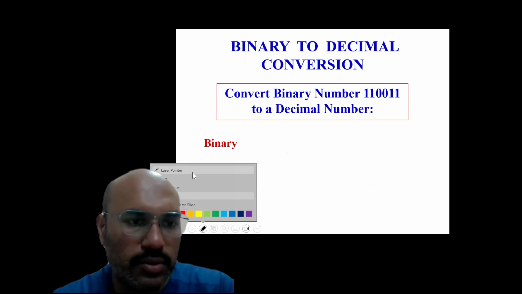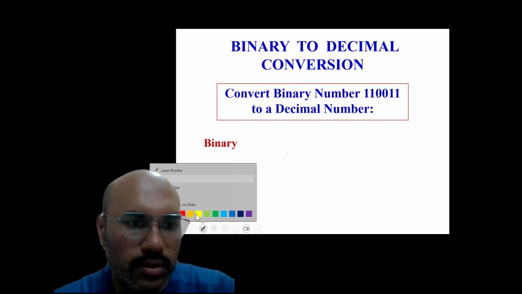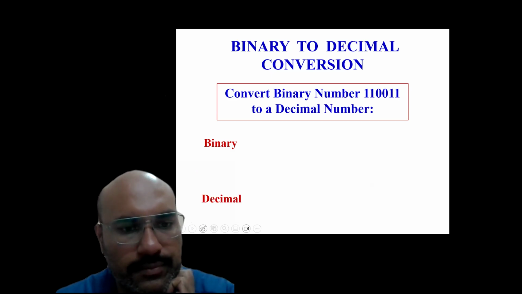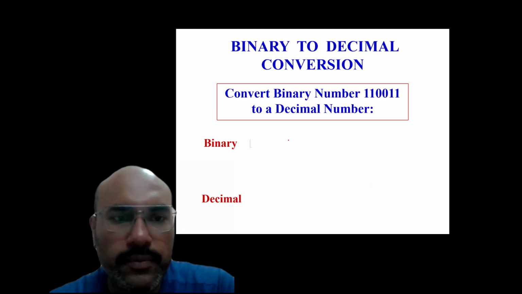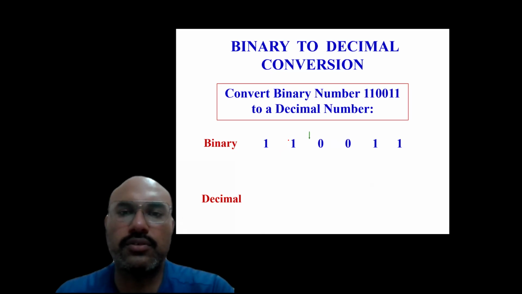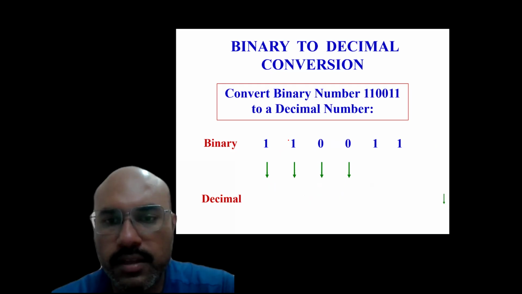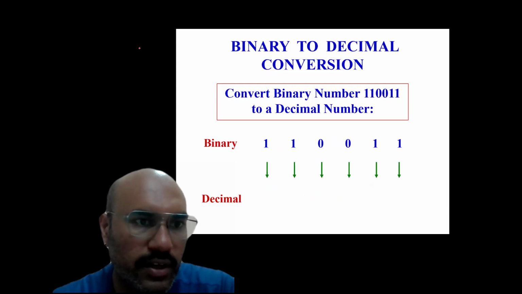You can pause the video and do that, or you can do it right now. So we have this number 110011. Now we know the place values. What is the place value that you know?